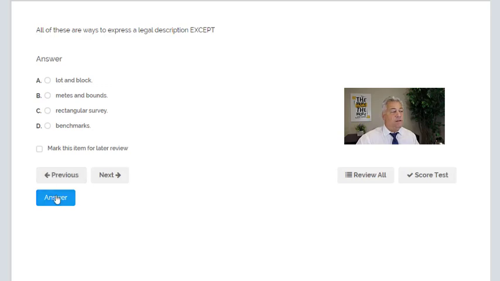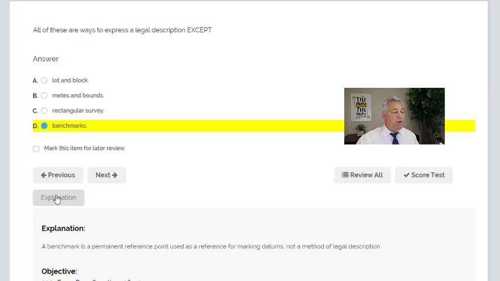And your answer is benchmarks. A benchmark is a permanent reference point used as a reference for marking datums, not a method of legal description. The three methods of description, probably most important that you know the names of the three: lot and block, metes and bounds, and the rectangular or government survey system.